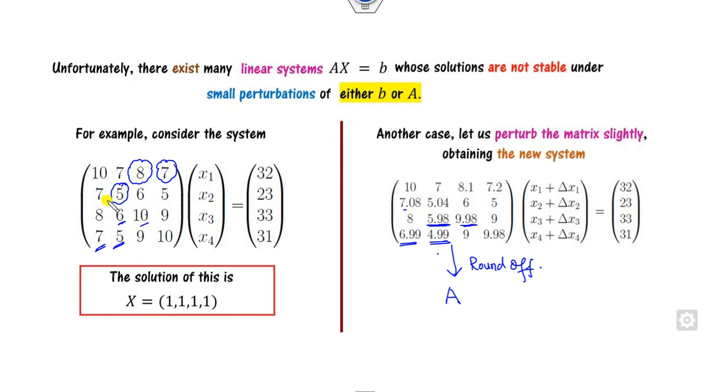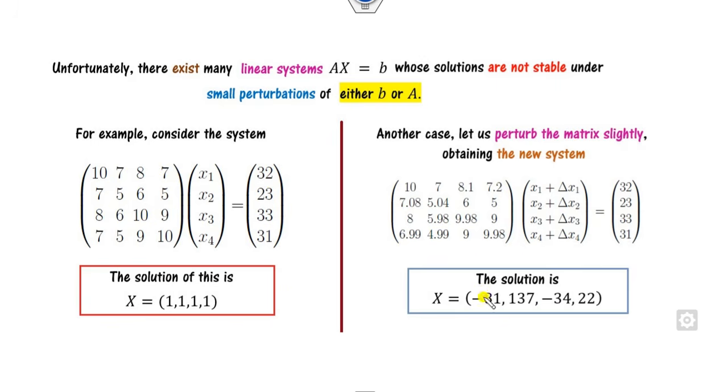All these numbers convert back to the original, and I keep B fixed. Then if you find the solution again using x = A inverse B, you will see the solution is very far away from the original one, 1, 1, 1.